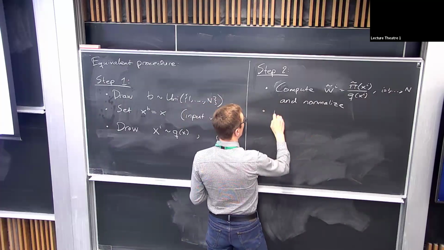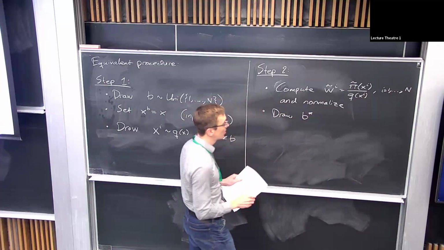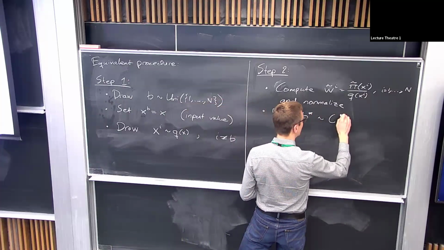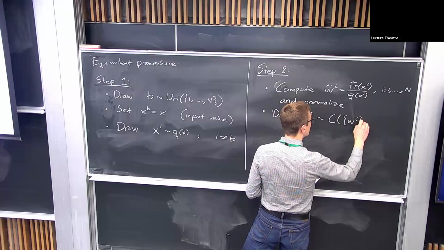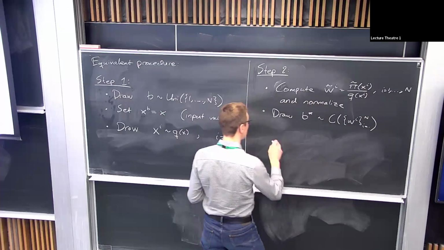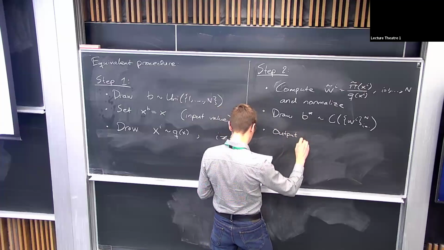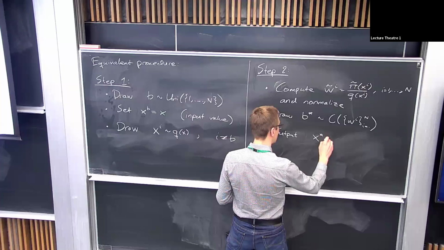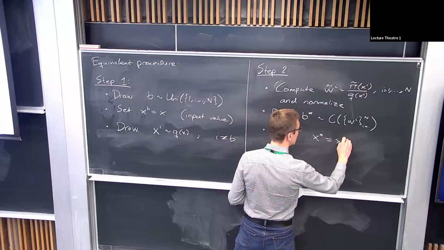And then we draw now another categorical value, B star, on the categorical distribution with normalized importance weights as probabilities. And finally, we return x star equal to x.